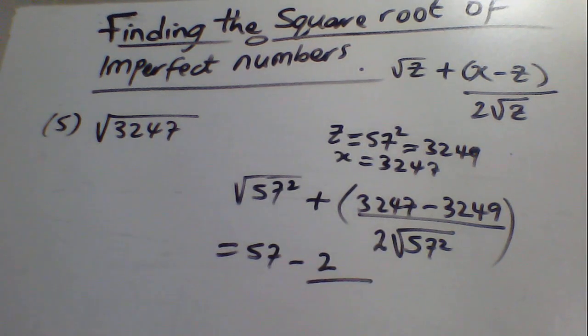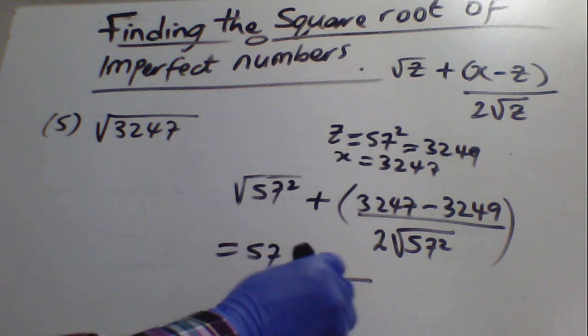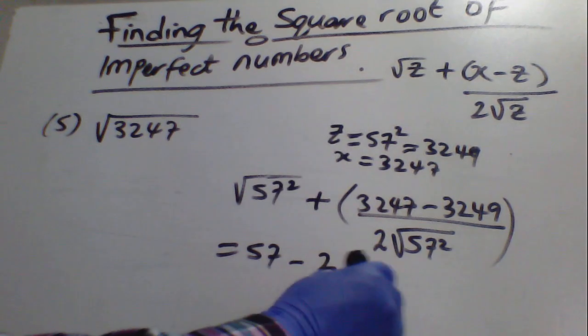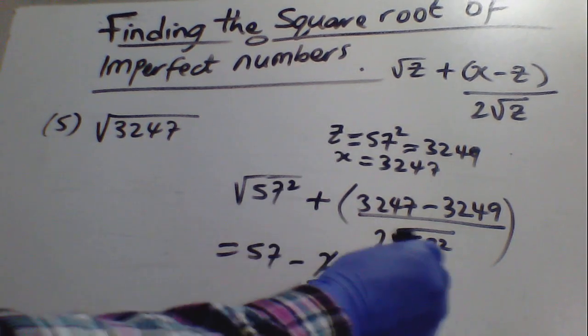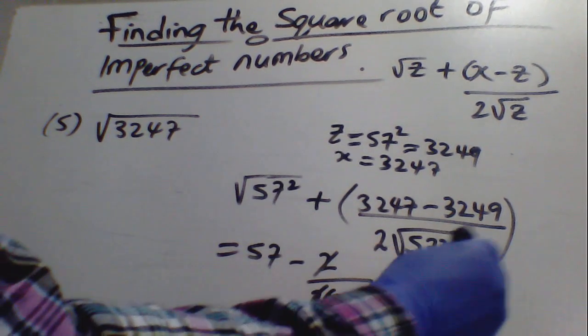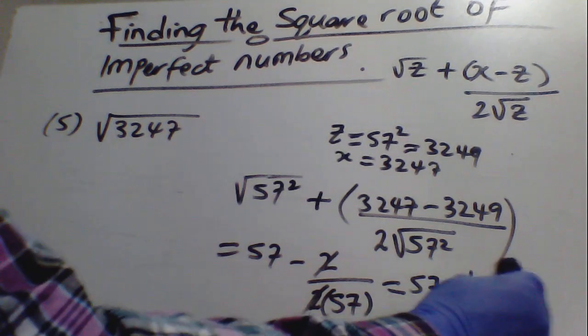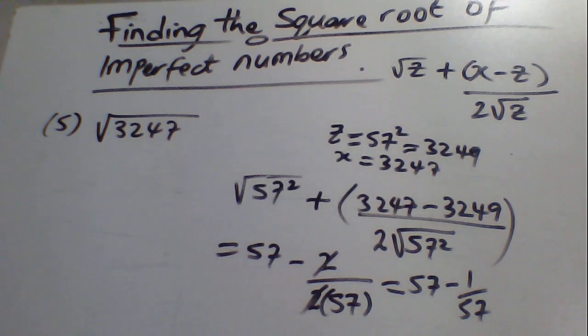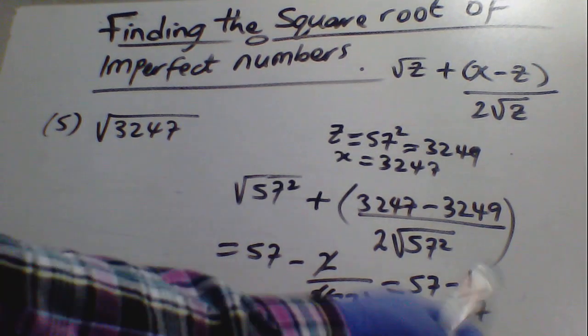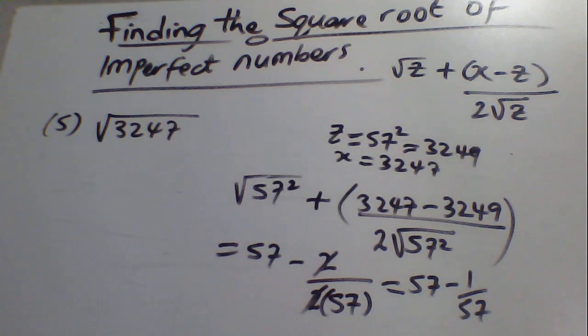So 57 times 2 will give us 2 in brackets 57. So 2 will cancel 2. In this case, we have 57 minus 1 over 57. So you have to find this fraction. Using long division, you have to find the fraction.